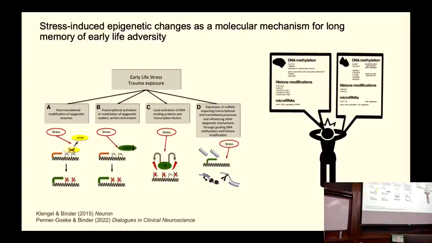What has been happening more recently is people have just been taking blood and looking at epigenetic modification of blood cells. And it turns out that you can quite often see changes in epigenetic status of immune cells in patients with depression or people that have been exposed to stress.